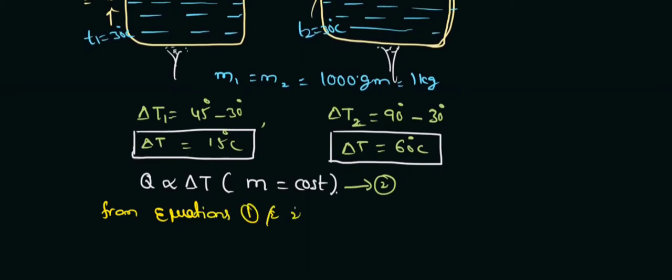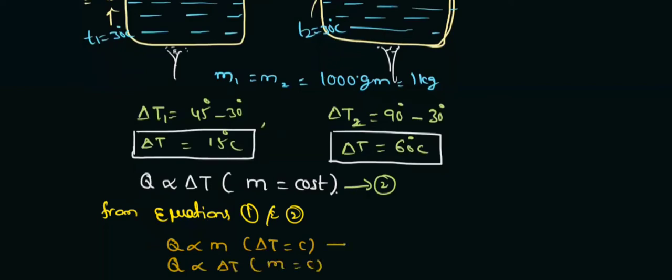What is equation 1 initially? Q is directly proportional to M when delta T is constant, and Q is directly proportional to delta T when M is constant. These are equations 1 and 2.